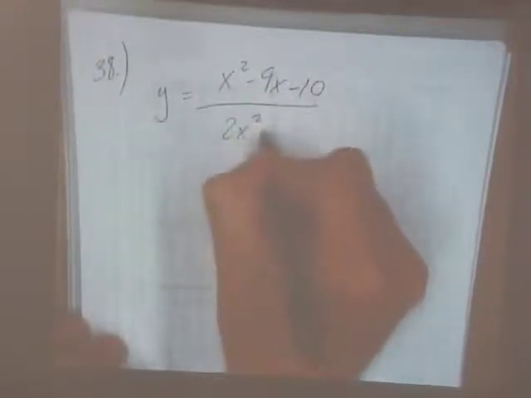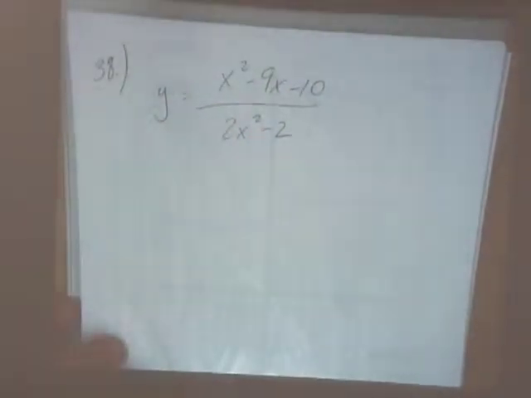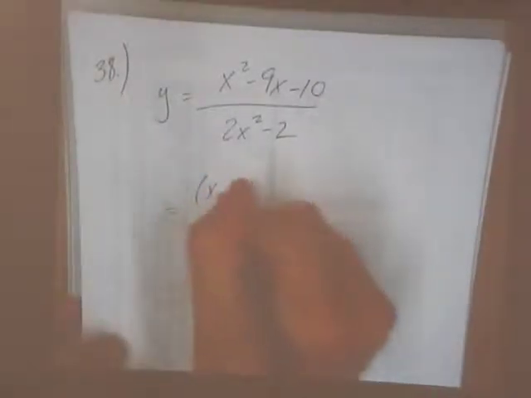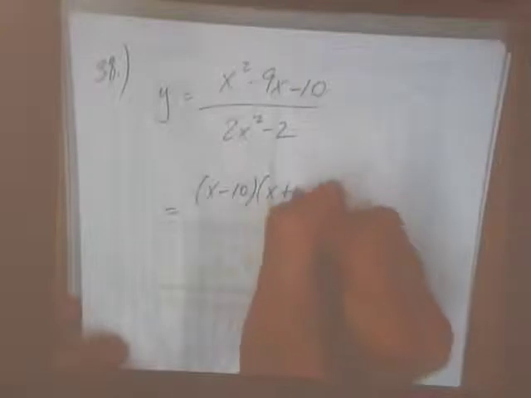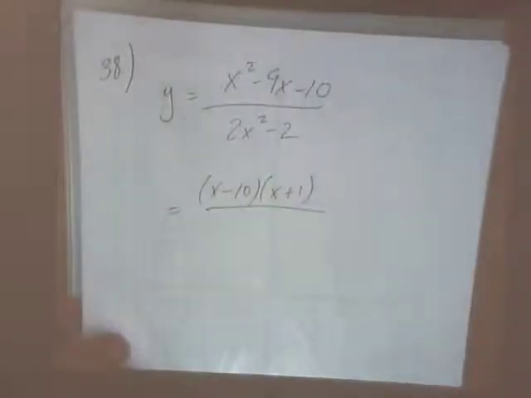All right, 38. Find the x coordinate of the removable discontinuity. All right, so let's factor. If I factor the numerator, what would that be? X minus 10, x plus 1. In the denominator, can I pull out a GCF?